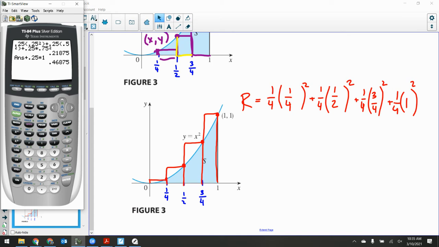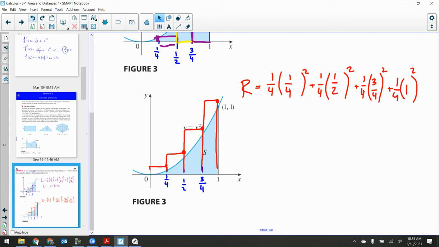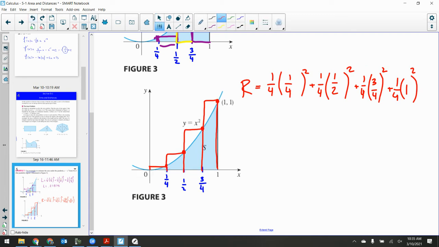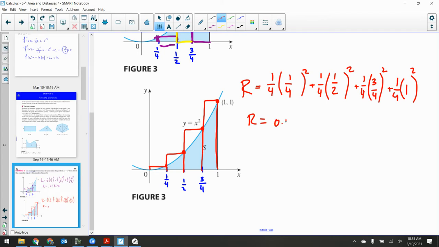So the right side approximation is 0.46875. Yep, good. 0.46875.